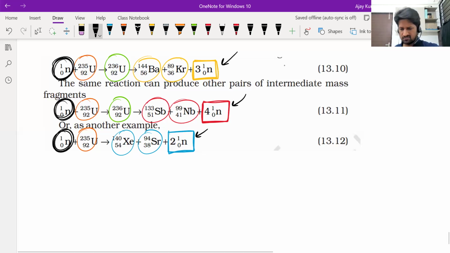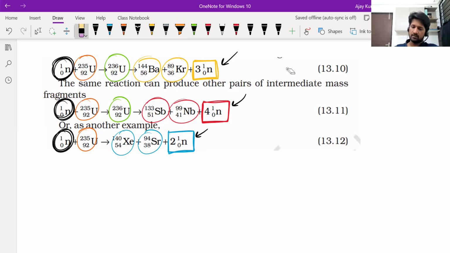And if you have patience, you can even calculate how much energy is released in each of these steps. From the binding energy curve, you can tell the binding energy of uranium 236, and you can tell the binding energy of Ba144, Kr89. If you know binding energies of reactants and products, you can tell how much energy is released in the reaction. So whichever way it disintegrates, you can see uranium 235 is an unstable nucleus.